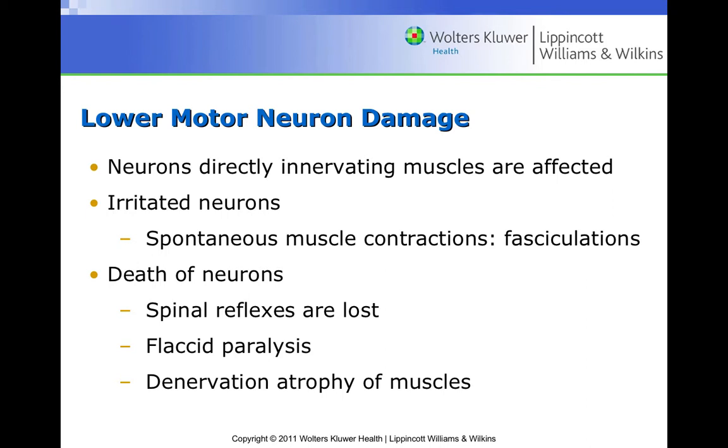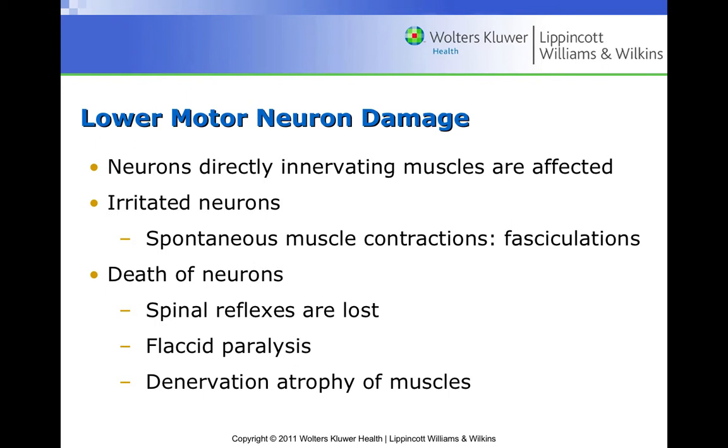In lower motor neuron damage, the neurons that directly innervate the muscles are affected. This can be affected by having irritated neurons. So you see spontaneous muscle contractions or fasciculations where you see involuntary movement happening without active motor control of the brain.